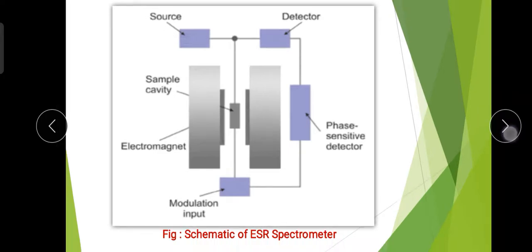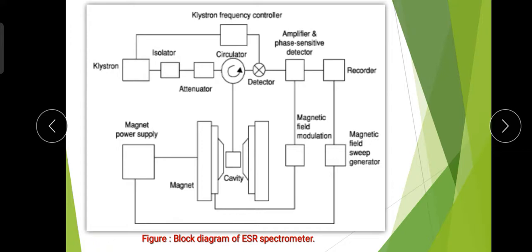After that there is a block diagram for the ESR spectrometer. This is the detailed view of the ESR spectrometer. It consists of different components such as a klystron, isolator, attenuator, circulator, detector, and klystron frequency controller. The klystron frequency controller is used to control the frequency of the radiation generated from the klystron, and it gives to the detector.